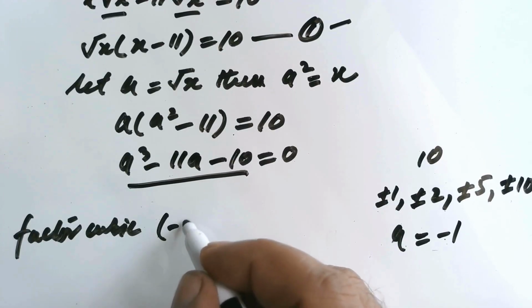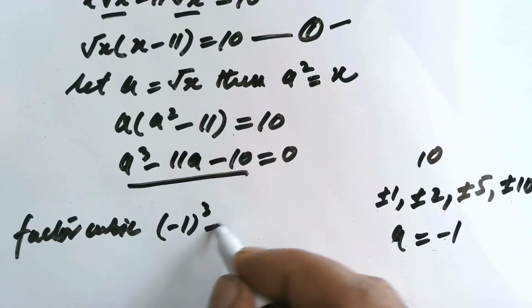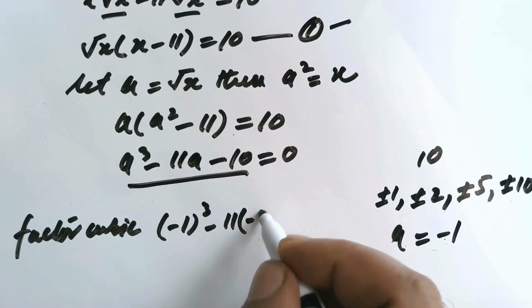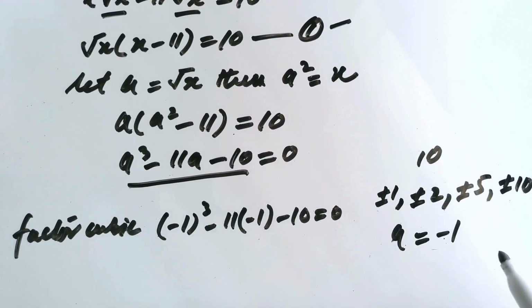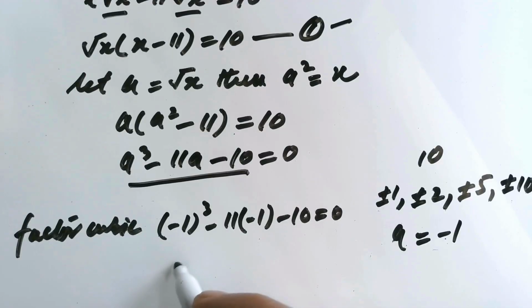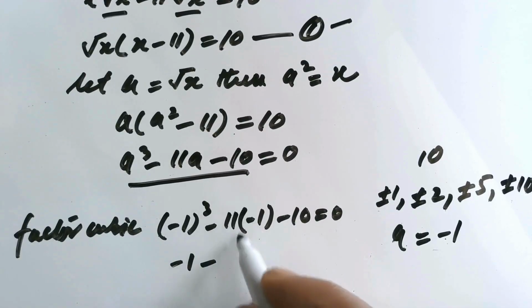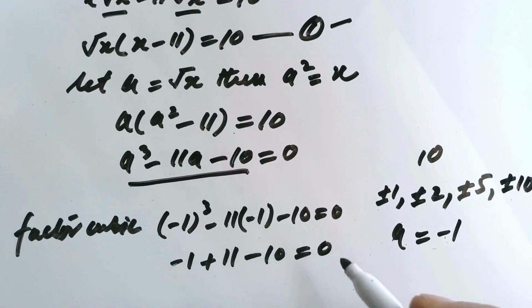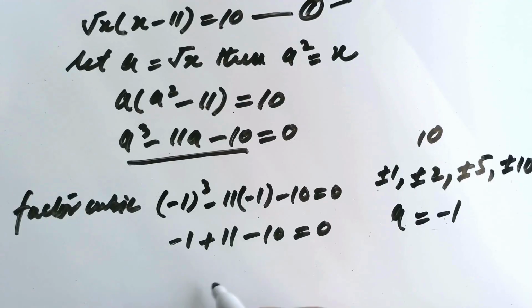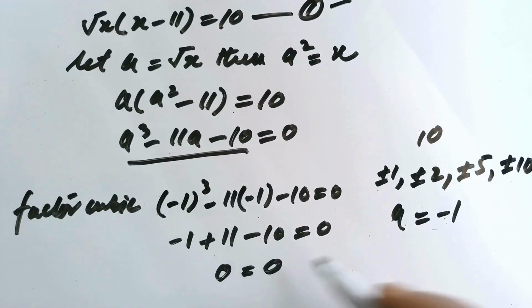Okay? Minus 1, minus 1, 10. Minus 1 plus 11 is 10. Right? So we will get this.